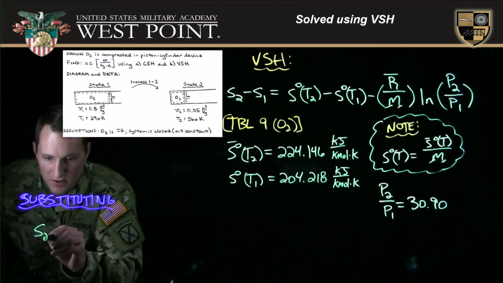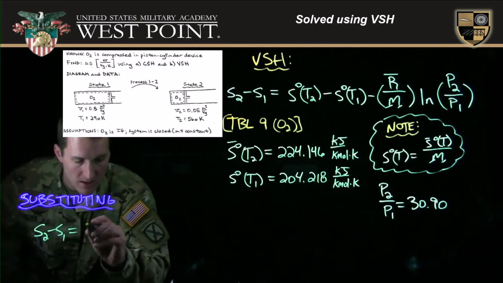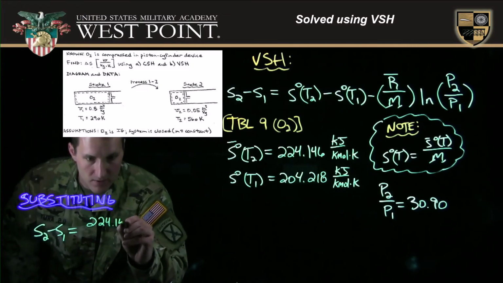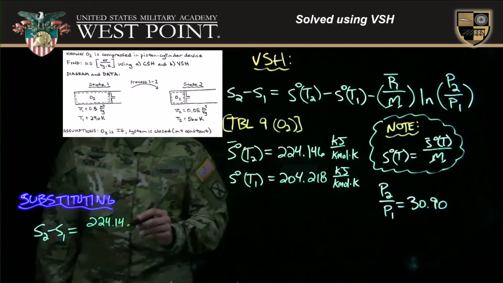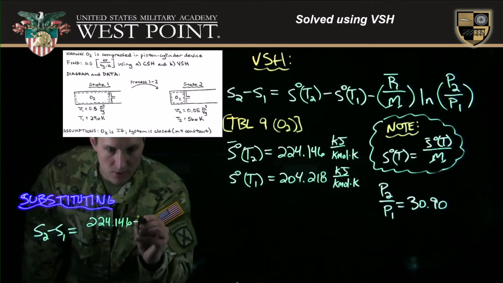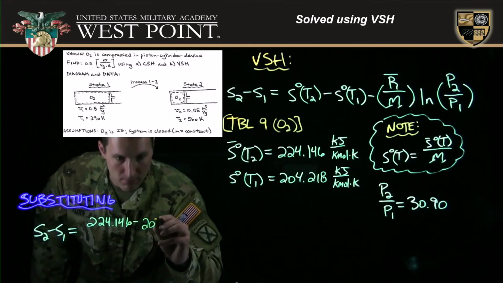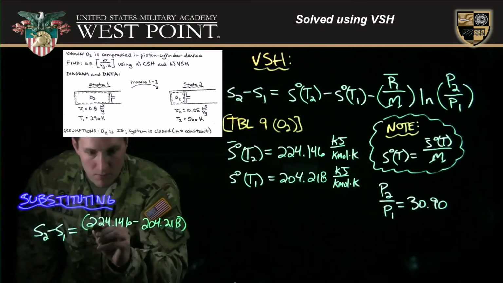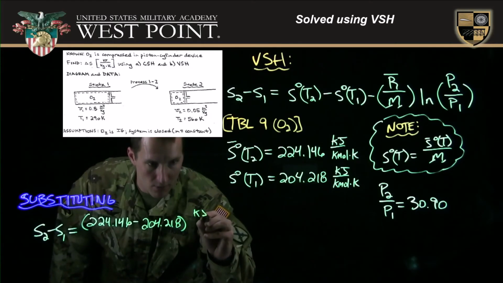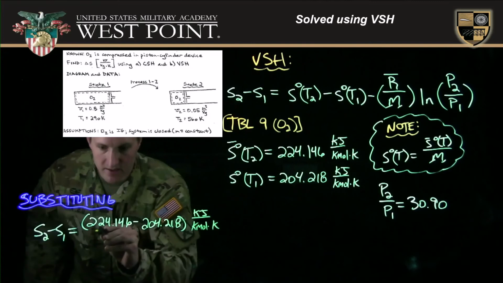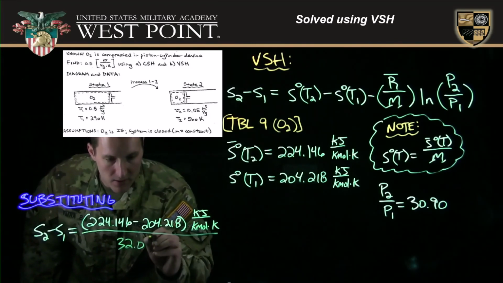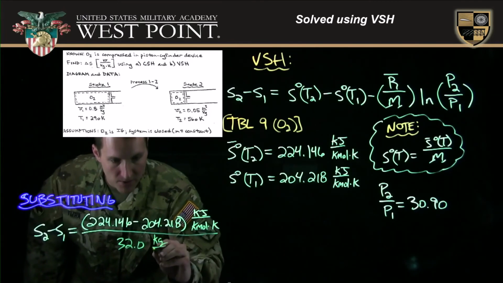we have our change in entropy is equal to our S degree at temperature T, state 2 minus state 1. And all that is divided by our molecular weight of our O2, which we said was 32 kilograms per k-mole.